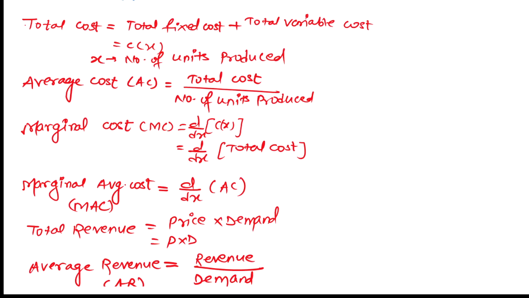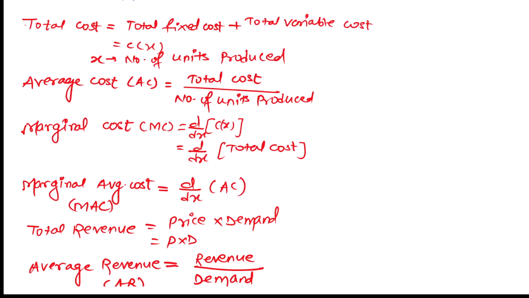Marginal cost. I have the word marginal, which means I have to find the derivative of what is left out, that is cost. So marginal cost is nothing but the derivative of the cost function, dy/dx of C of x. Marginal average cost, MAC. Apart from the word marginal, the remaining words are average cost.